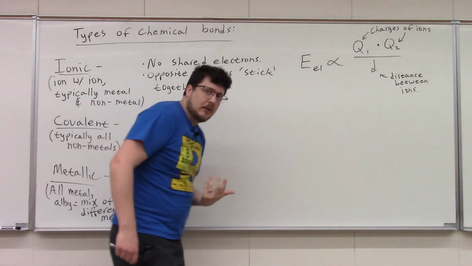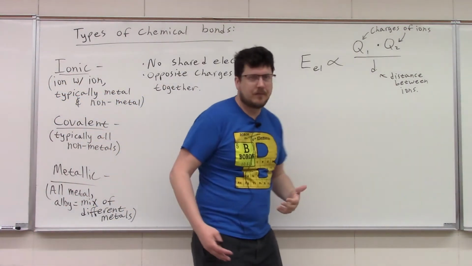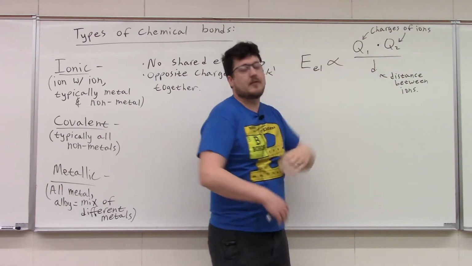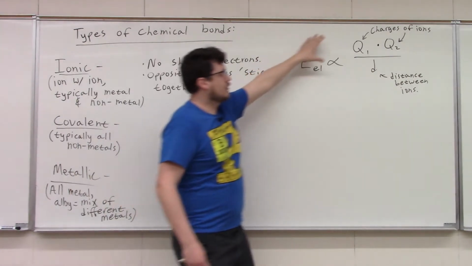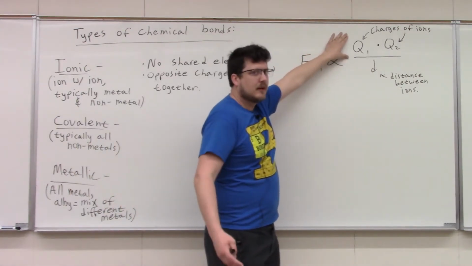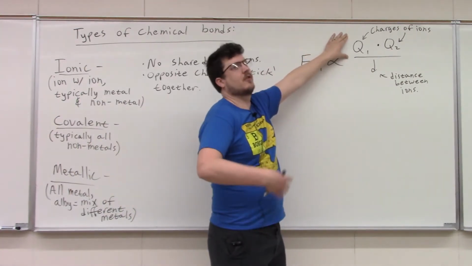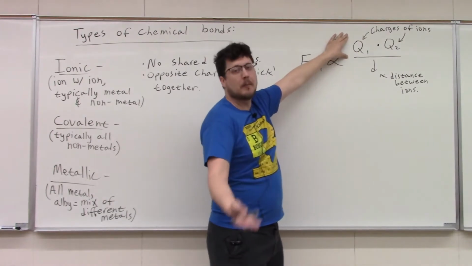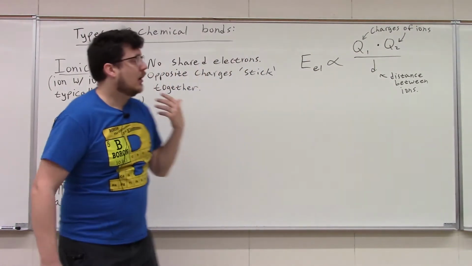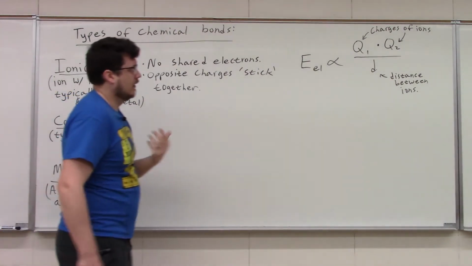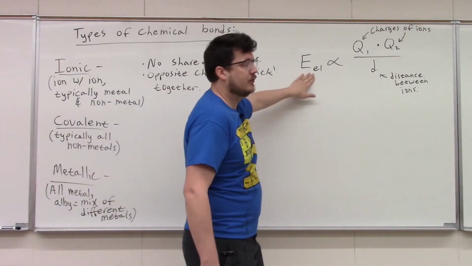So conversely, we can flip it on its head. Sometimes it's easier to think, bigger is better, right? So larger charges. So like magnesium 2+, that's a 2 charge. That's larger than a sodium +1. That's a larger charge. It's going to have a larger ionic attraction or a larger contribution to it.